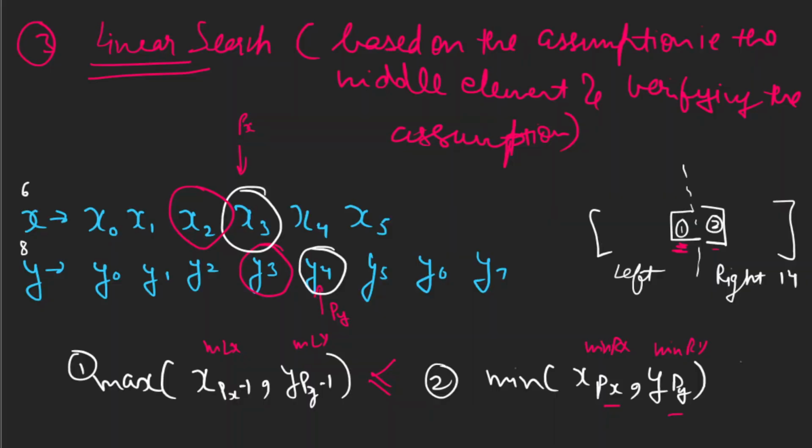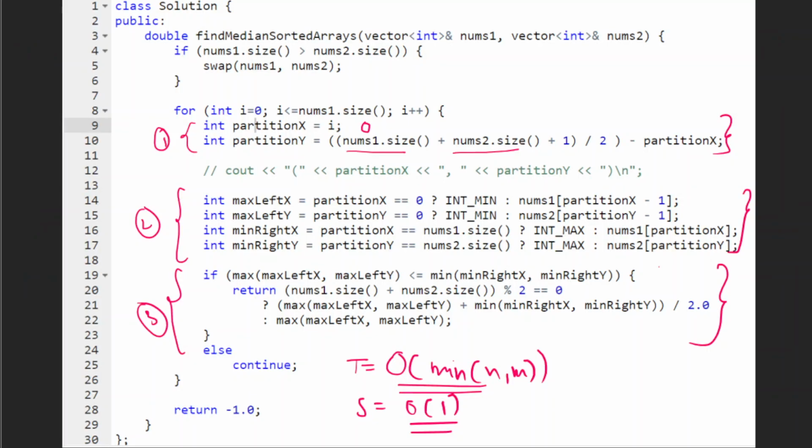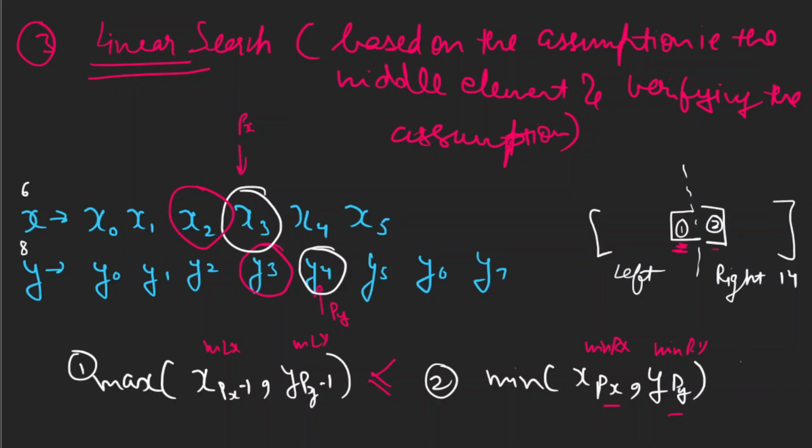Everything will be similar. We will be calculating partition y just like we calculated it earlier in the linear search, and the max left x, max left y, min right x and min right y would also be calculated in a similar fashion. The only difference is that if this is not the case, there is something we need to observe.